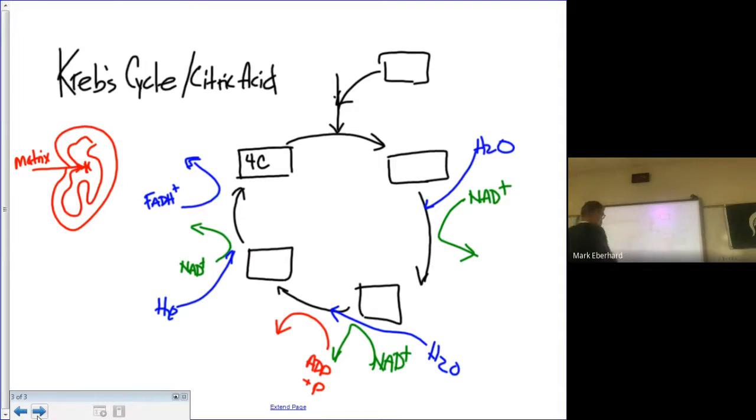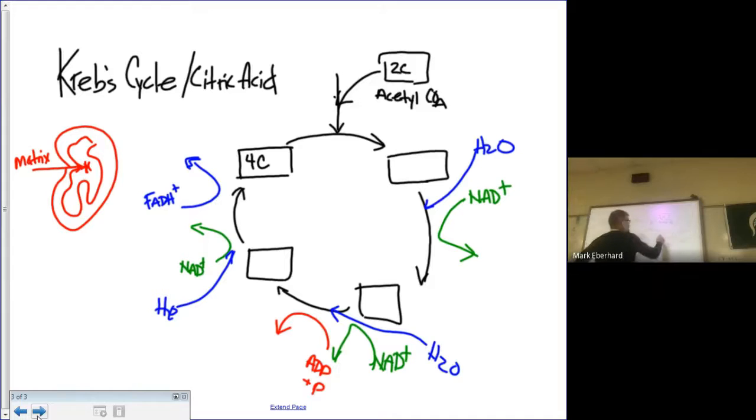So it's reused. This 4-carbon molecule is going to pick up this 2-carbon acetyl-CoA. This is what came out of the link step. So when you combine the 4-carbon carrier with the 2-carbon acetyl-CoA, that is going to create, of course, a new molecule that's got 6 carbons. 2 plus 4 is 6.